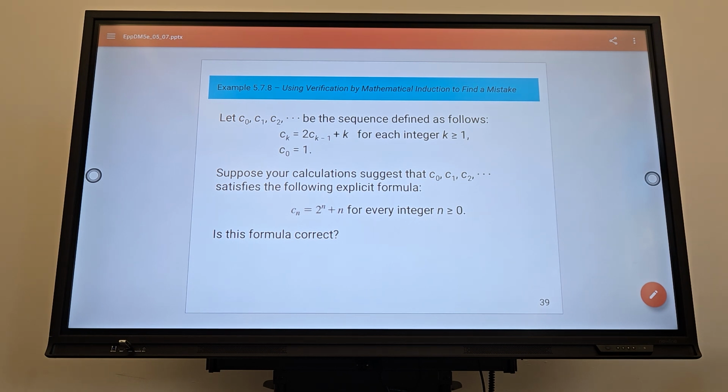Suppose your calculation suggests that the sequence satisfies the following explicit formula: C sub n equals 2 to the n plus n for every integer n greater than or equal to 0. Is the formula correct?